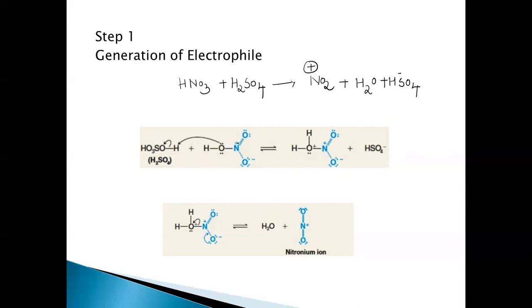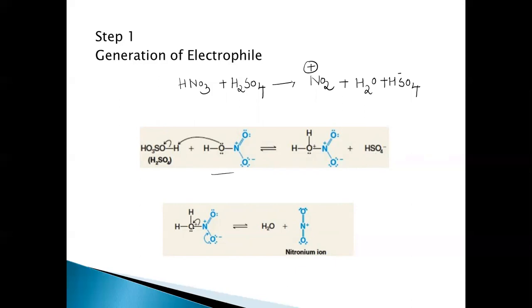So here, this is sulfuric acid and this is nitric acid, HNO3. What is happening here? This sulfuric acid is protonating the nitric acid. Sulfuric acid protonates the hydroxyl group of nitric acid. This oxygen is getting protonated, so there's a positive charge on this oxygen, and HSO4 minus is generated.